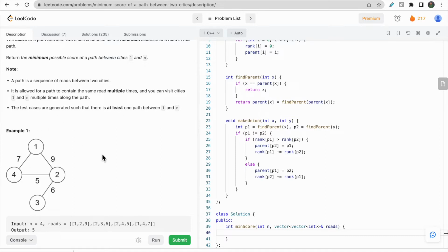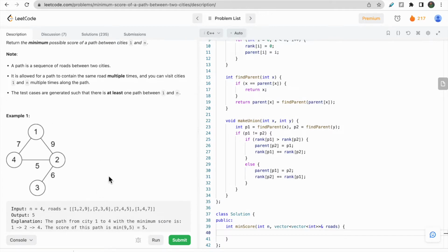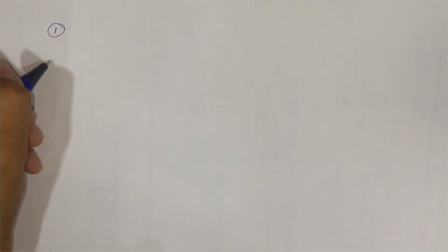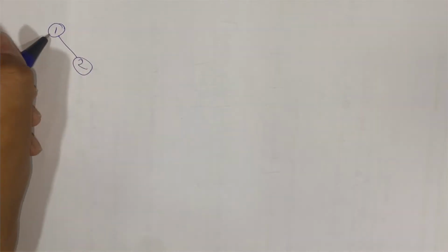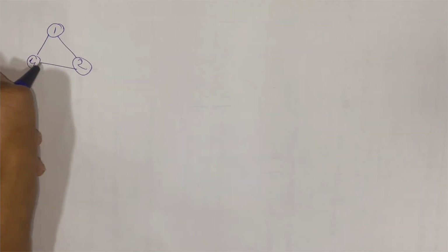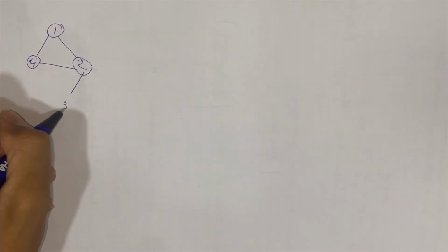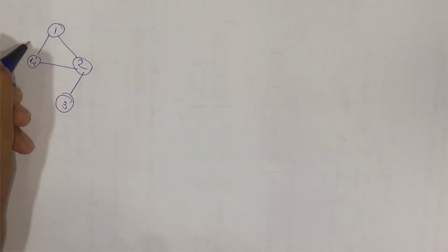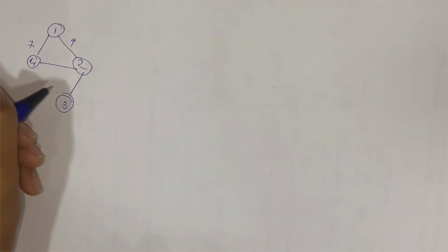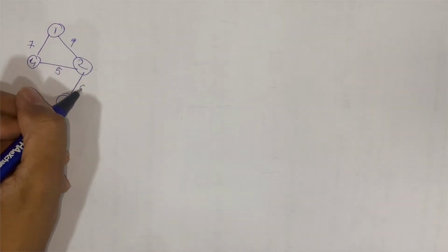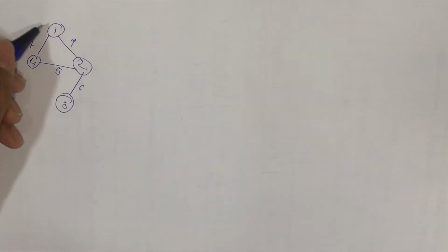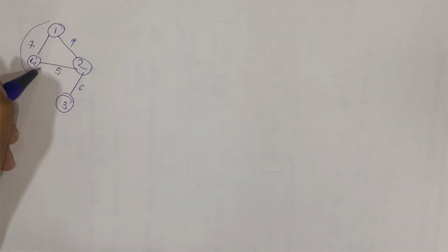Okay. So let's take an example of this first test case here. So we are given node 1 to node 2, node 4 and node 3, and the distances are 7, 9, 5, 6. Okay, so one route would be directly from 1 to 4.